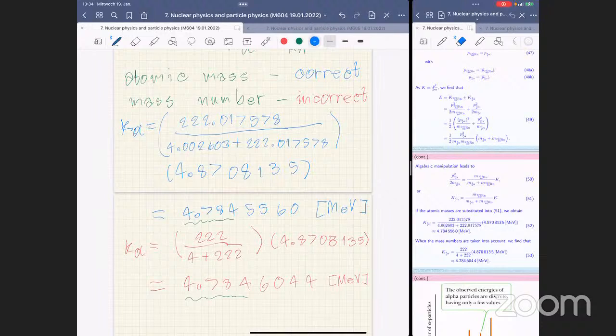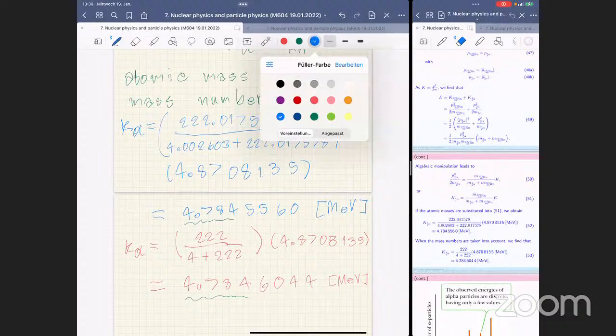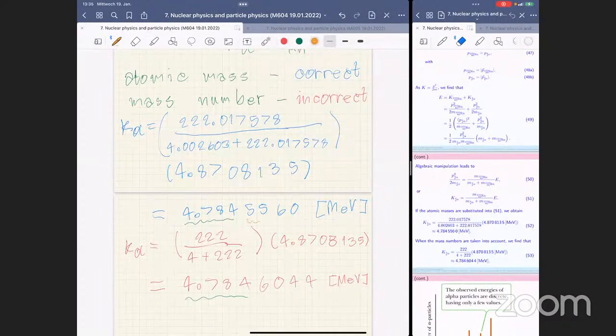Let me point out, this one is different at this location here. So the wrong version using the mass number is quite precise for only the first 3 digits, but it makes the computation easier, right?